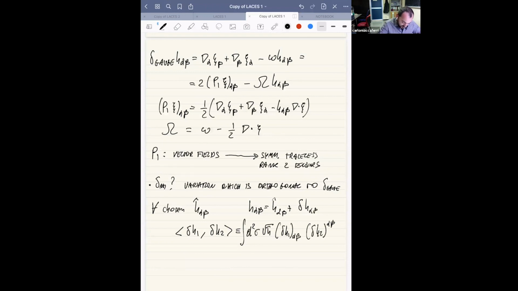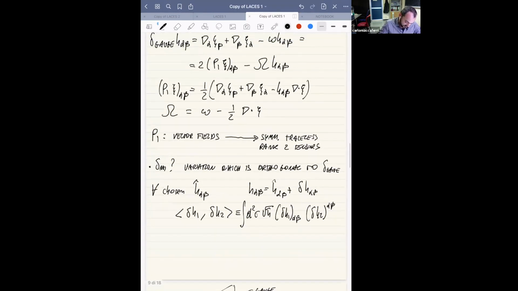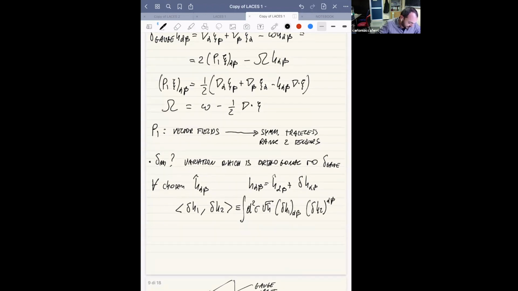And so by this definition, δ_M h is defined to be orthogonal to the gauge variation. Okay, so this has to be true.